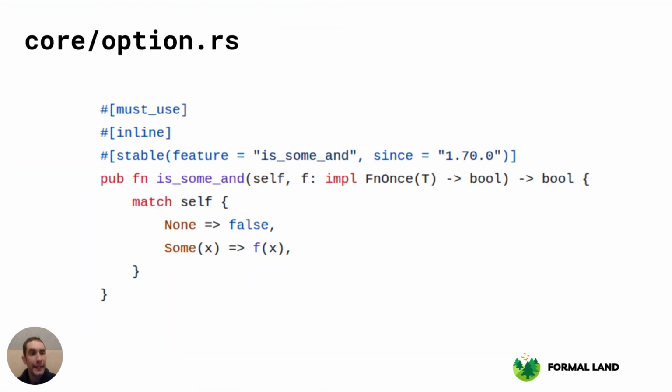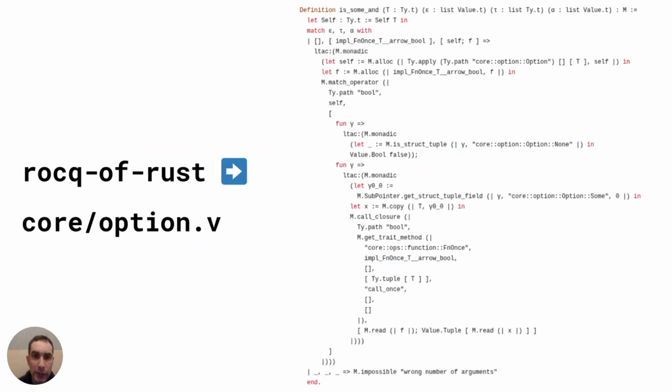To give an example, if we take the core option.rs file that defines the option type and all the corresponding utility functions, the first function is this one, to apply a function if there is some x. If we run Rock of Rust, we obtain the following code.